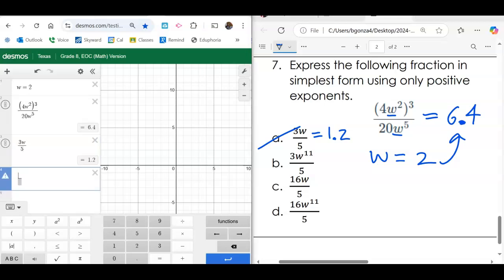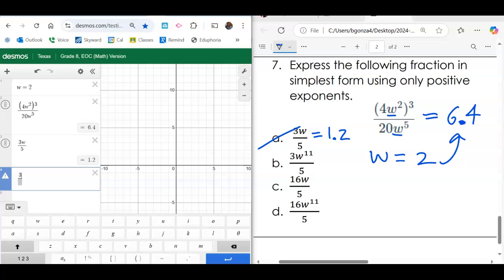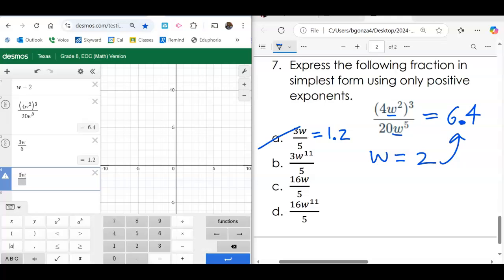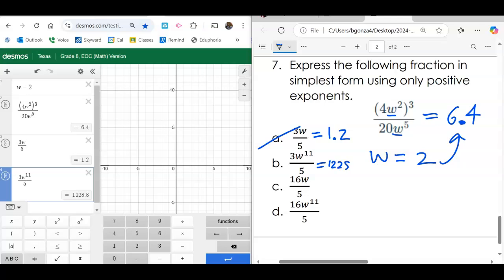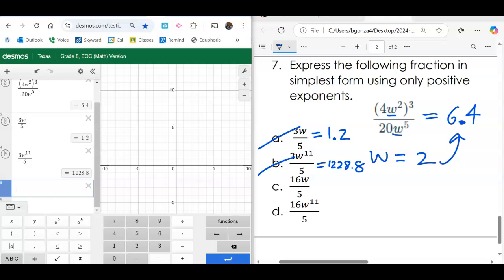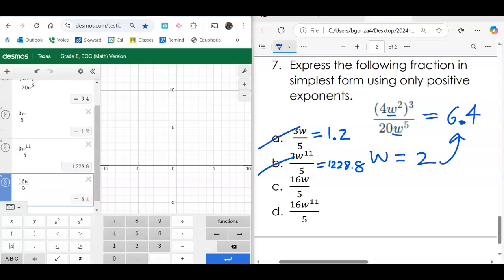Divide 3W to the power of 11 over 5. 1228.8. That's not 6.4. 16W divided by 5. Hey, this one's 6.4.